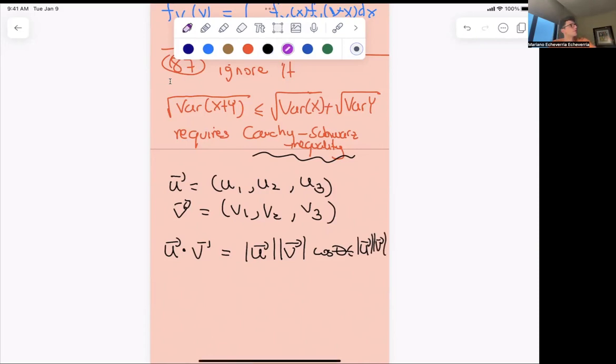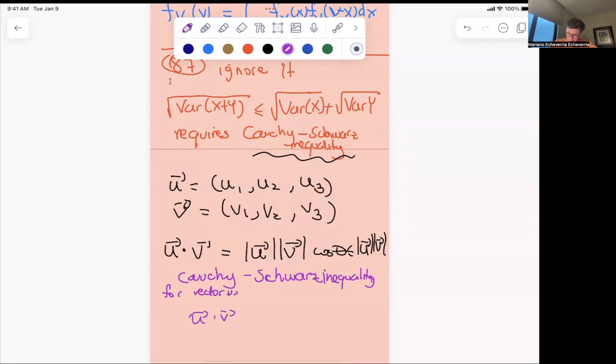So when you have a dot product, the Cauchy-Schwarz inequality for vectors is just that thing that you see here: the dot product u dot v is less or equal to the length of u times the length of v. Which looks a little bit silly.